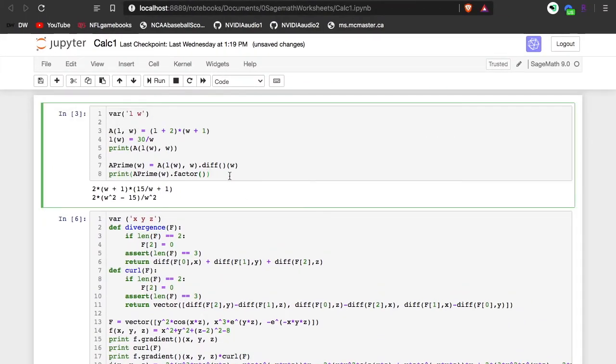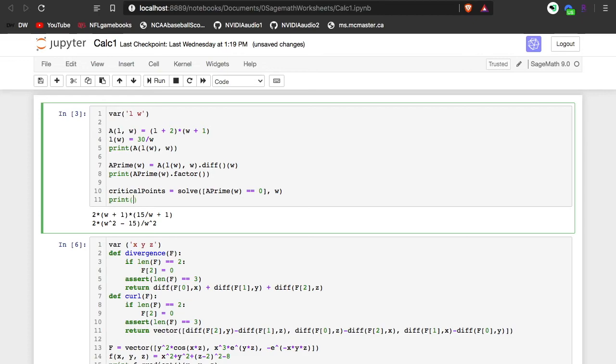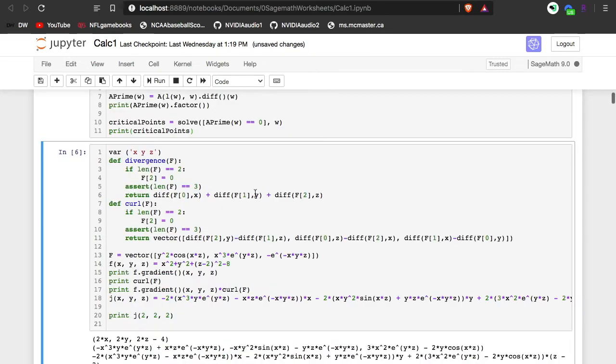Okay, so our critical points will be places where we solve A prime of W equals 0 for W. So let's print our critical points.